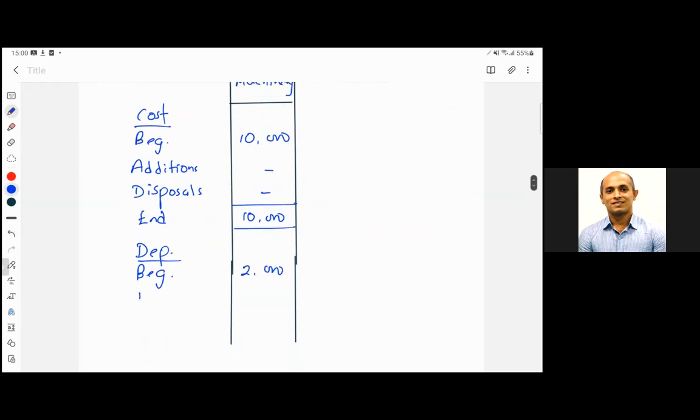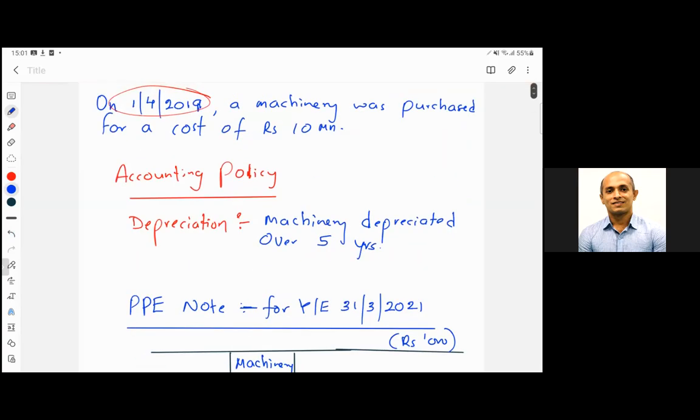Depreciation for the year is 2 million. Let's say the company follows the straight line basis. Machinery is depreciated over 5 years on a straight line basis.